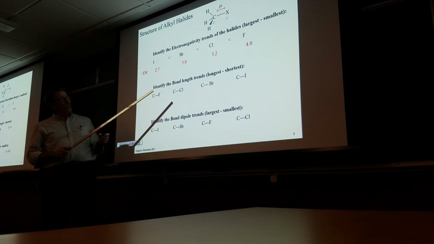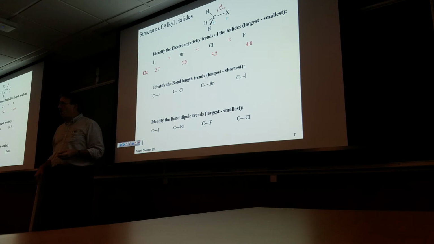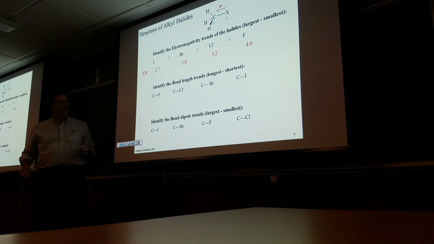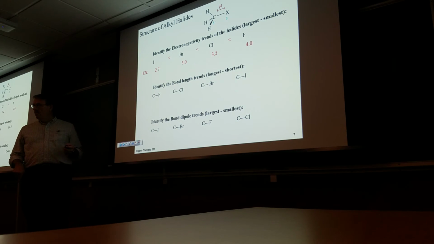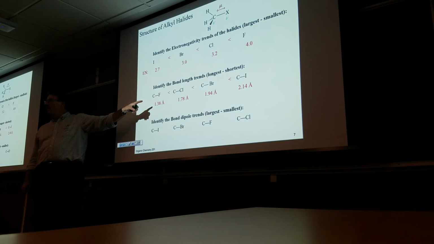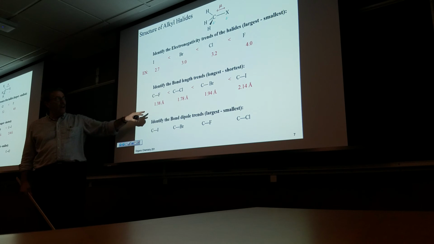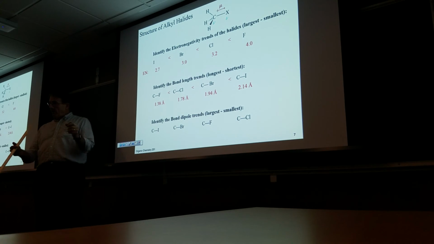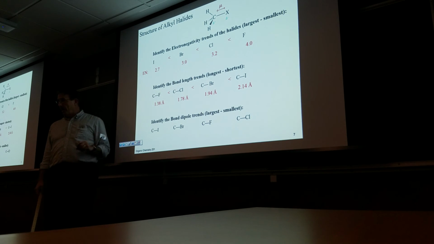Which ones have the shortest bonds and which ones have the longest bonds? Is fluorine the smallest or the longest bond? Smallest, right? Because it's just a little teeny fluorine, okay? There's not as much electron cloud there. So I have a very small separation between a carbon and a fluorine, okay?